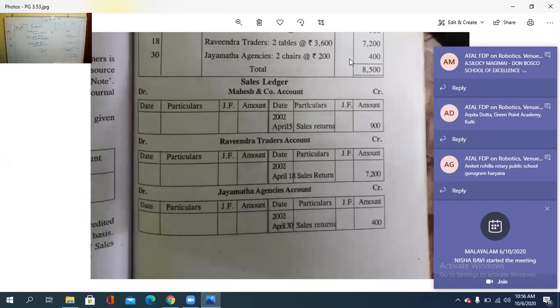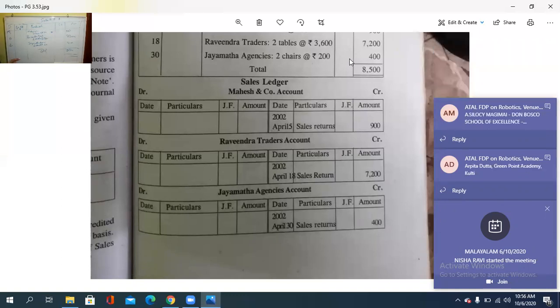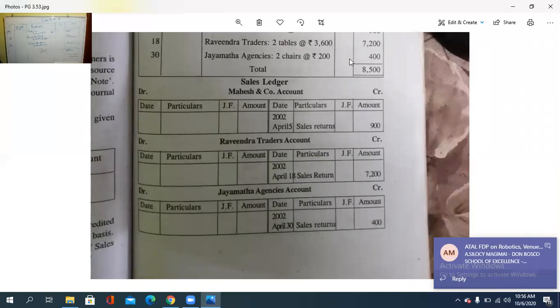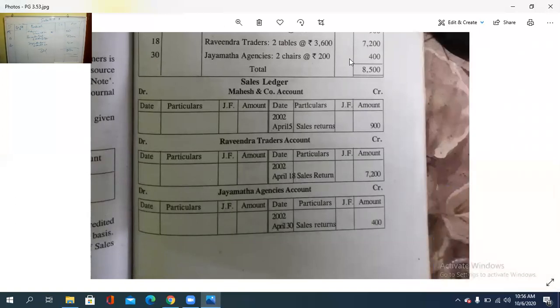And then see how it is to be. What is the usual entry? Customer account debtor to sales account. So here, sales returns account debtor to customer account. Mahesh and Company, credit side, by sales returns 900. Ravindra Traders, credit side, by sales returns 7,200. Jayamada Agencies, credit side, by sales returns 400.